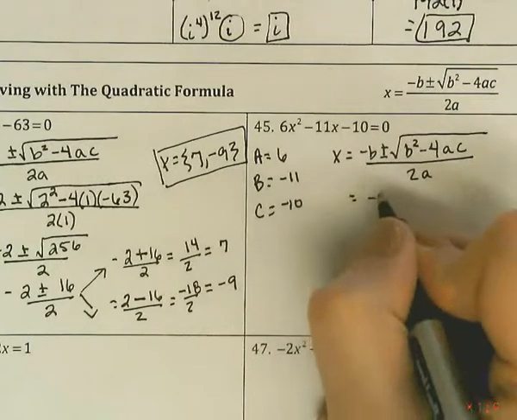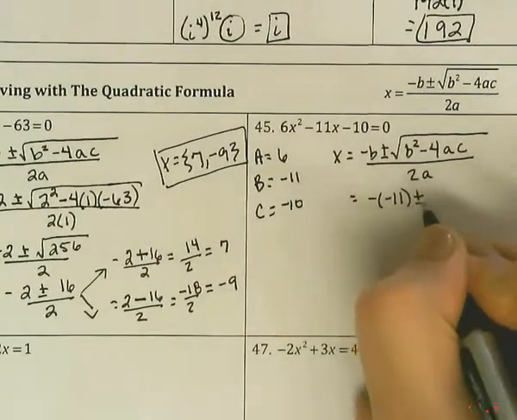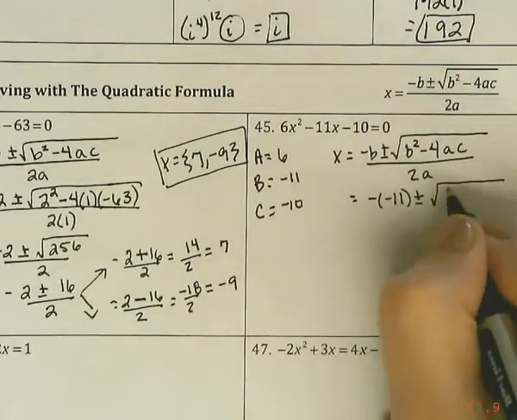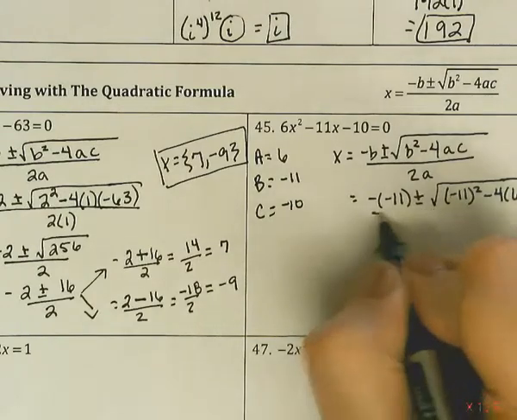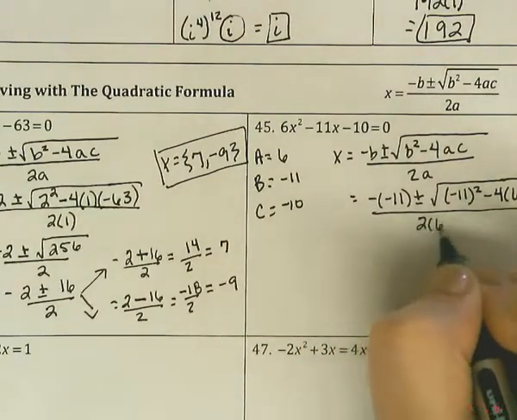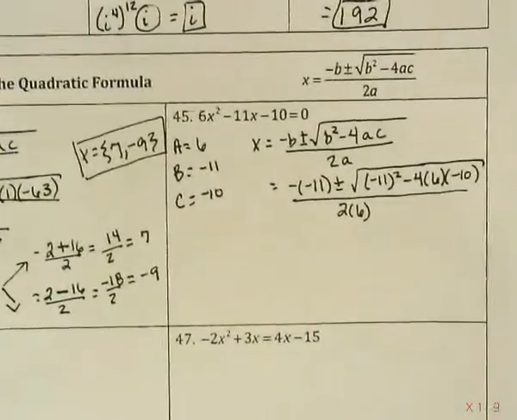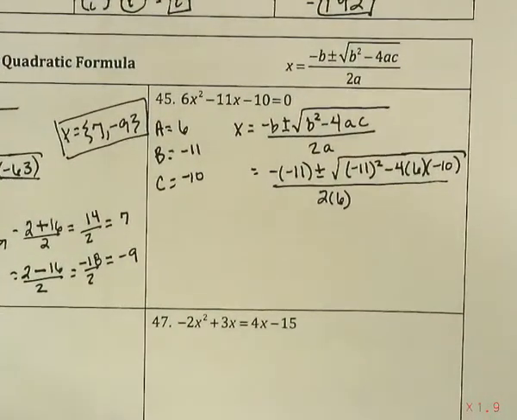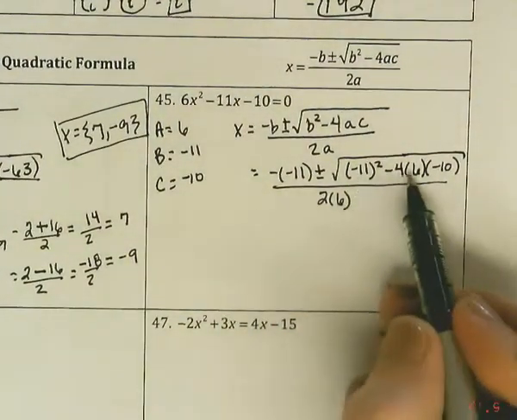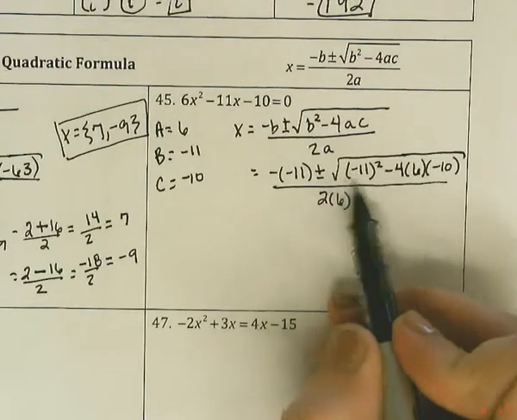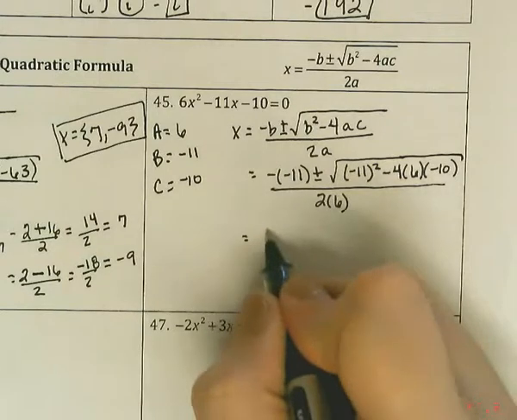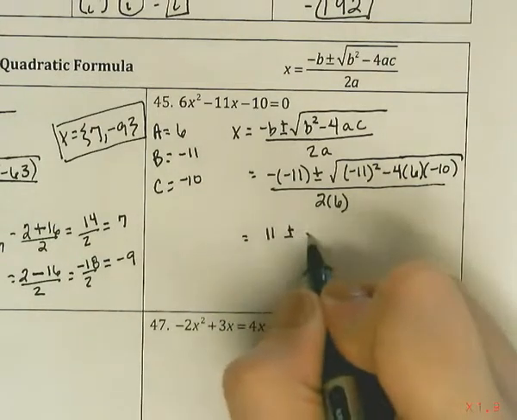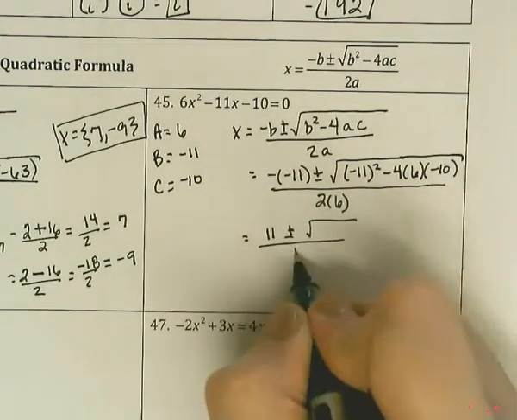So negative b, negative 11, negative 11 squared minus 4 times a times c all over 2 times a. Sorry, move that over so you make sure you can see everything. So b, b, a, c. Notice how I put that negative 11 in parentheses. That's going to matter. Negative 11 is positive 11 plus or minus the square root of something over 12.